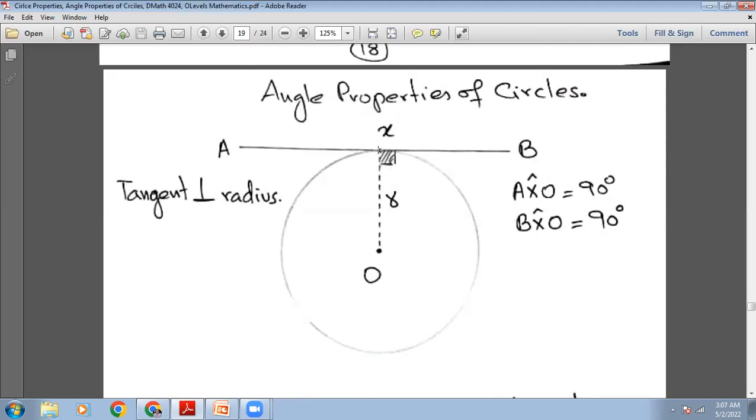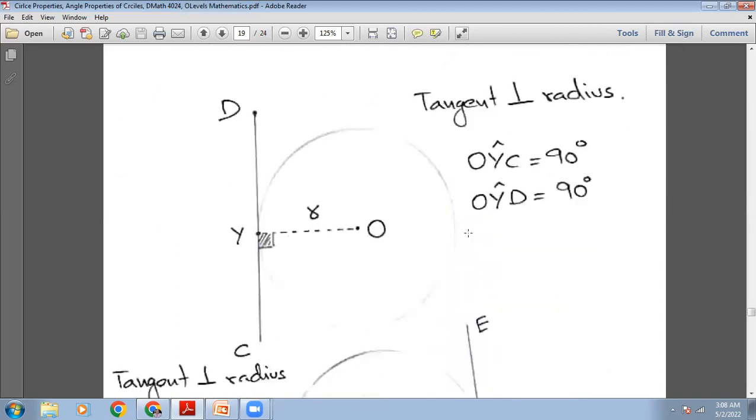So AB is a tangent, X is the point of tangency, where the tangent touches the circle. So the angle between the tangent and the radius at the point of tangency is 90 degrees. So the tangent is perpendicular to the radius. So angle AXO is 90, angle BXO is 90.